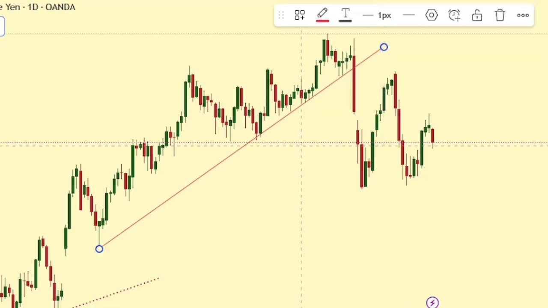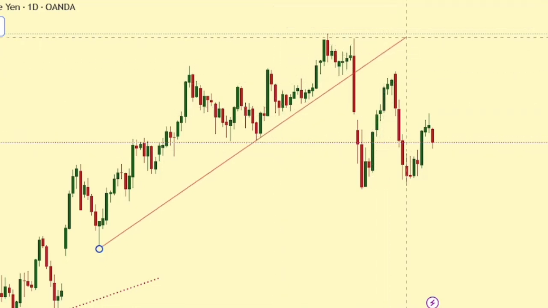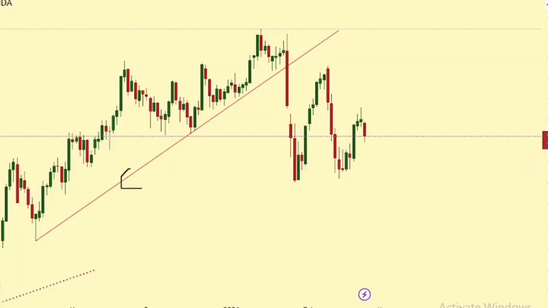Trend line show buying pressure. This trend line na be my structural guide. If nothing remove this trend line, I no respect any supply zones.